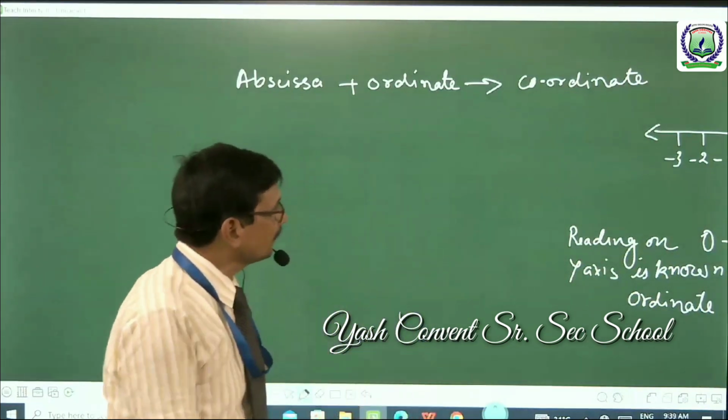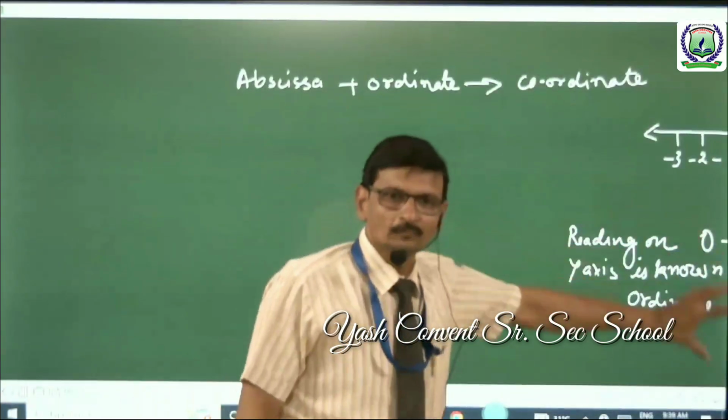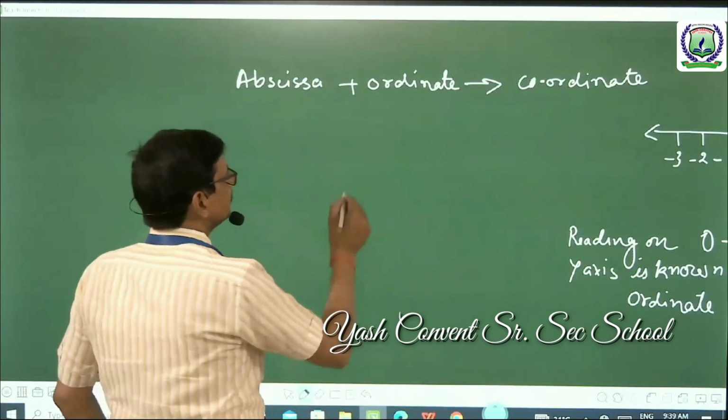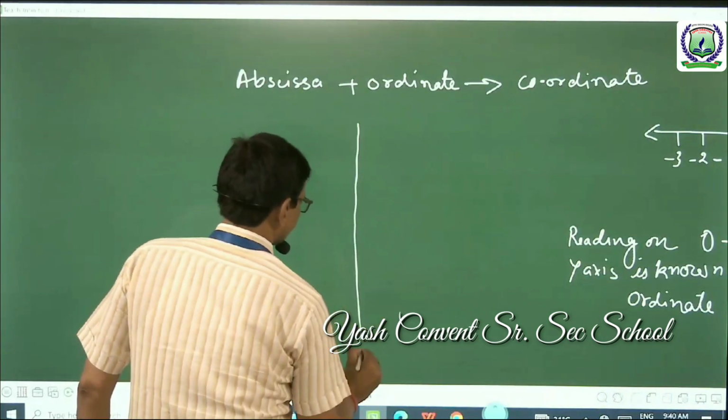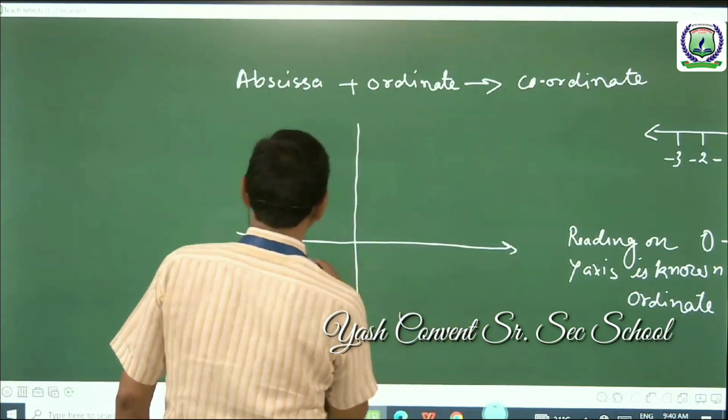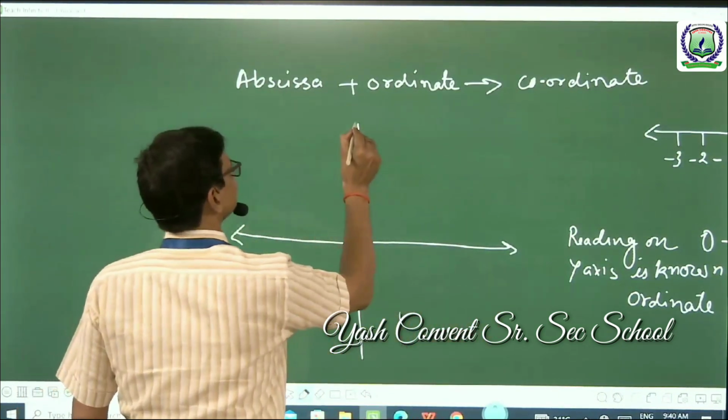We have already learned about the quadrants. There are 4 quadrants. Now we will talk about the sign in each quadrant, that is, which type of points lie in each quadrant.